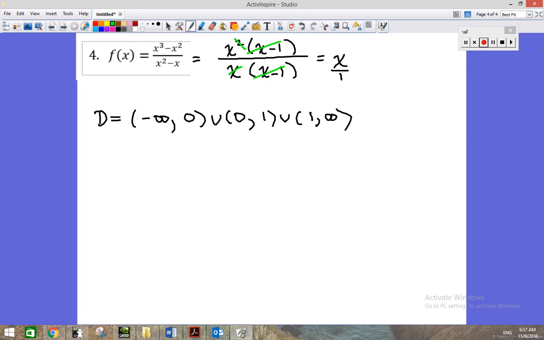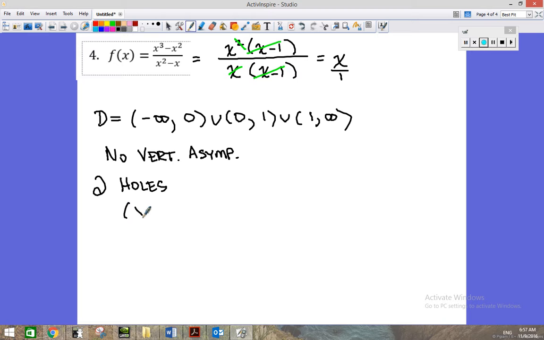So the denominator of our reduced fraction determines that. So we have no vertical asymptote, and we have two holes.